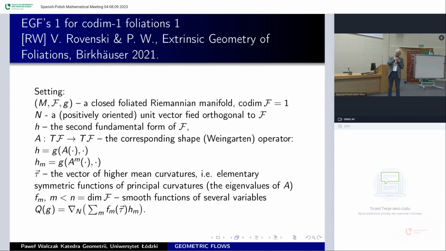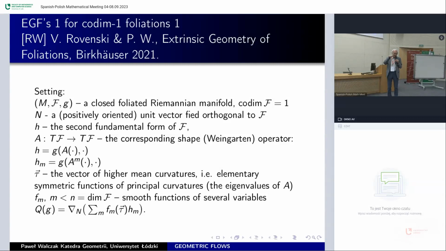Then we can define the corresponding shape operator. The definition is here. H and A are related via the remaining structure. And then, since A is a linear endomorphism of the bundle of vectors tangent to the leaves, we can iterate this.